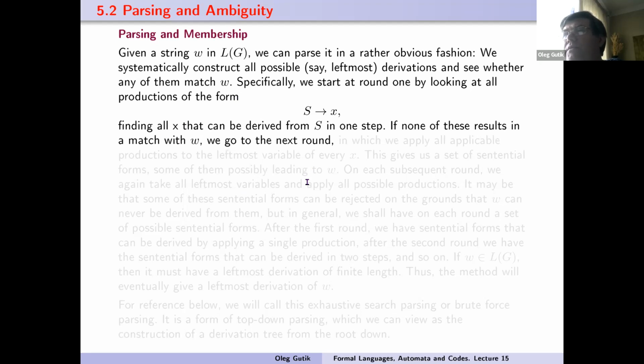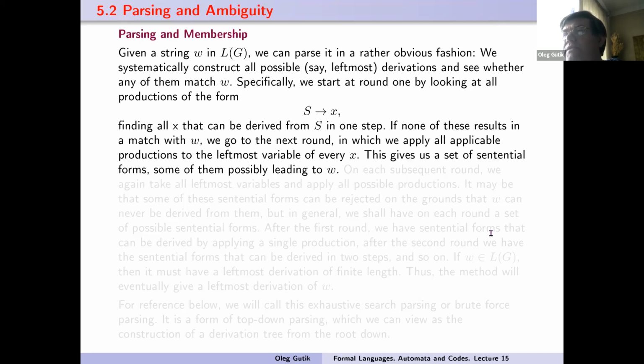If none of these result in a match with the word w, we go to the next round, in which we apply all applicable productions to the leftmost variable of every x. This gives us a set of sentential forms, some of them possibly leading to the word w.